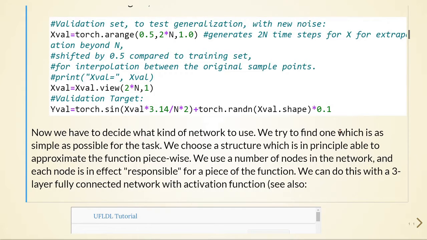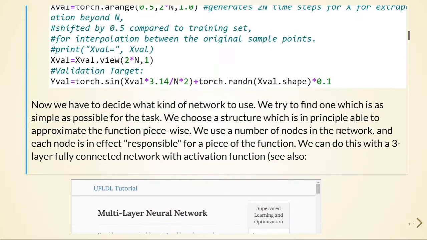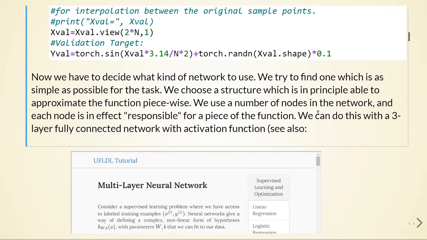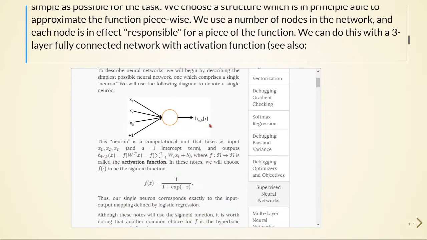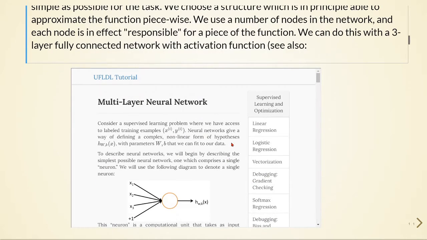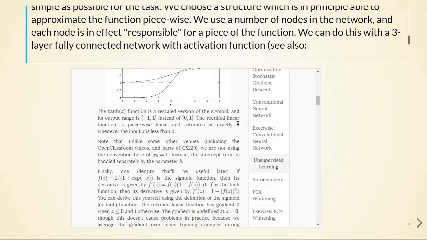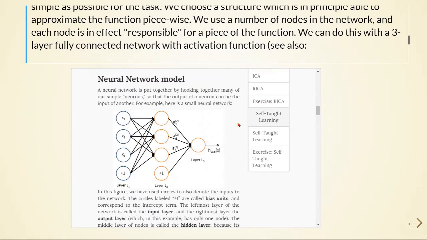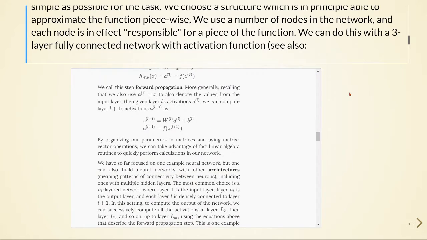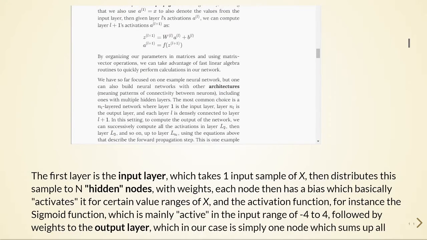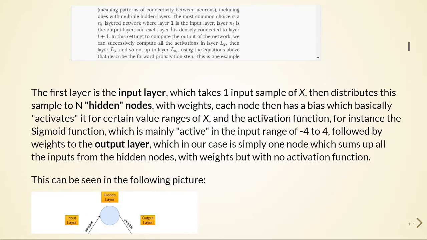We can do this with, for example, a 3-layer fully connected network with an activation. You can also take a look at this tutorial explaining a multi-layer neural network and also the neural network model. So this is some reference of what we are doing.